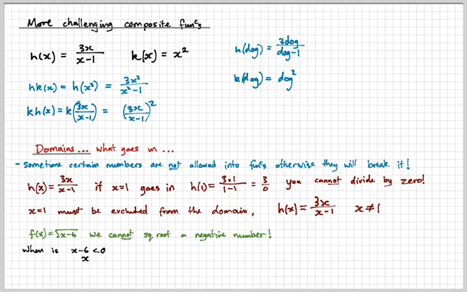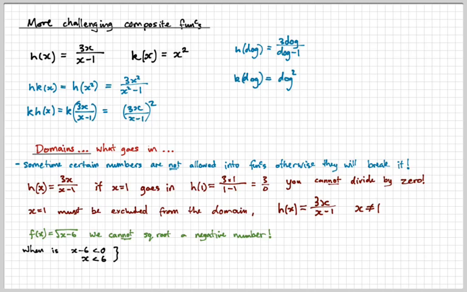If we solve it, we get x is less than 6. If x is less than 6, then we're going to be square rooting a negative number. For example, if x is 4, 4 minus 6 is minus 2, we're square rooting a negative number. If x is 5.5, 5.5 take away 6 is negative 0.5, we'd be square rooting a negative number. We can't square root a negative number.